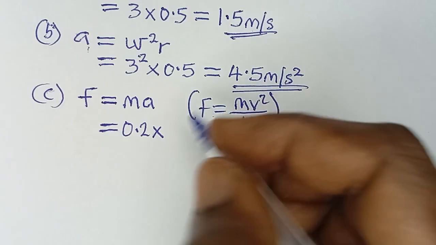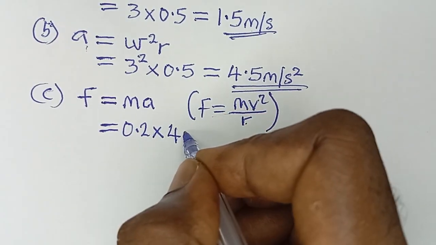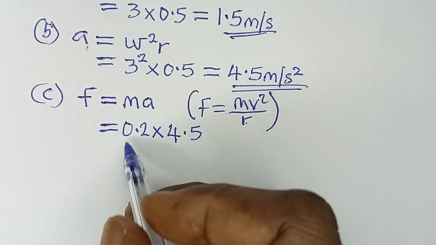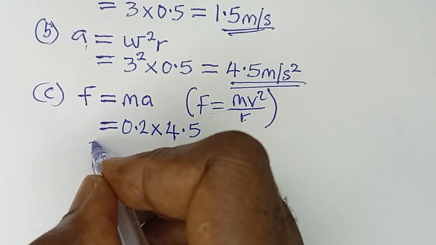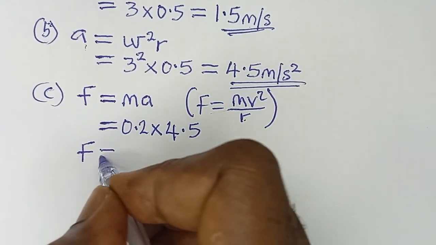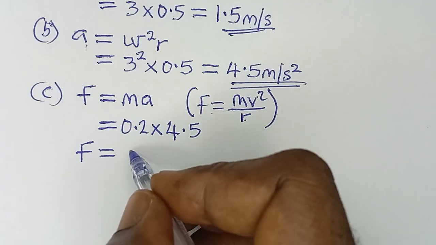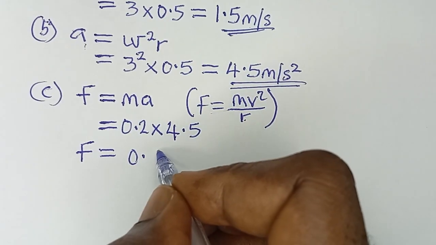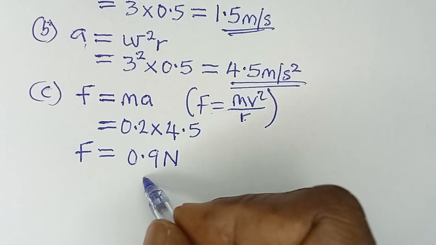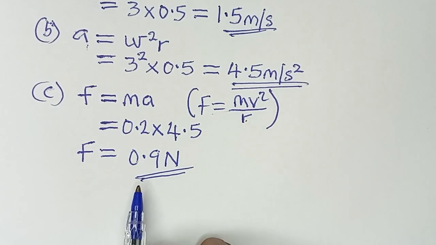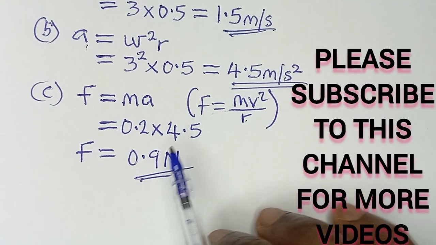The acceleration is 4.5. So multiply by 4.5. So if you multiply 0.2 by 4.5, we are going to get the centripetal force as 0.9 Newton. Don't forget the unit of force is the Newton. So this is the centripetal force acting on the object.